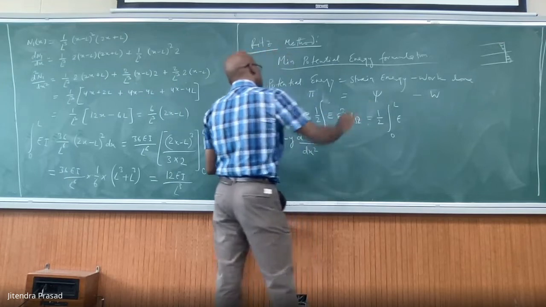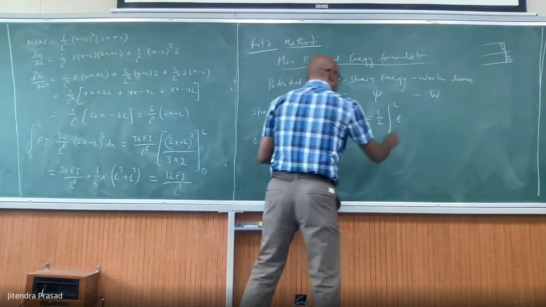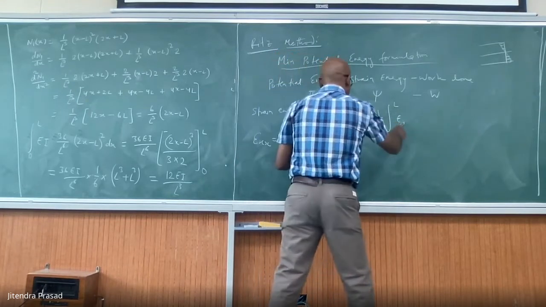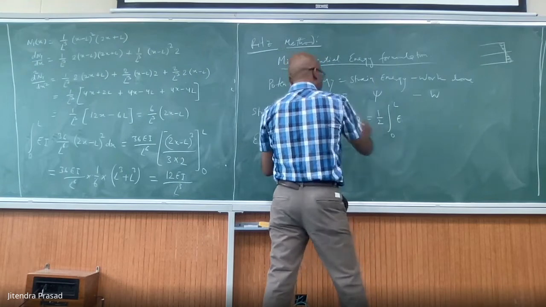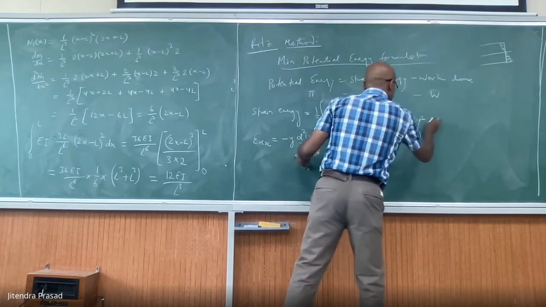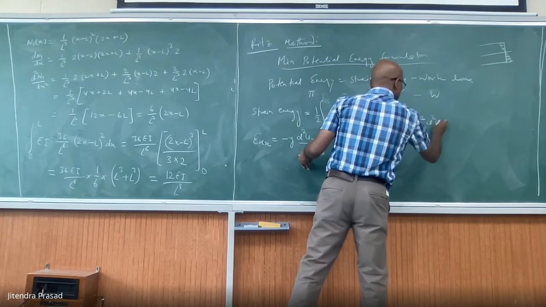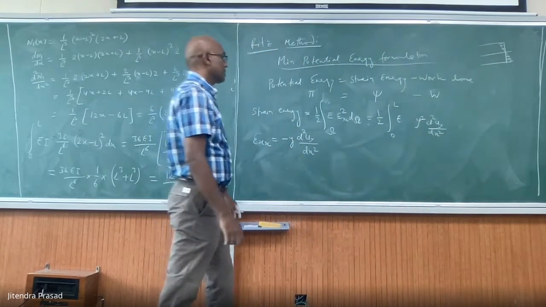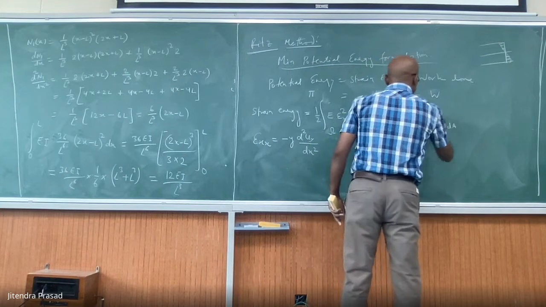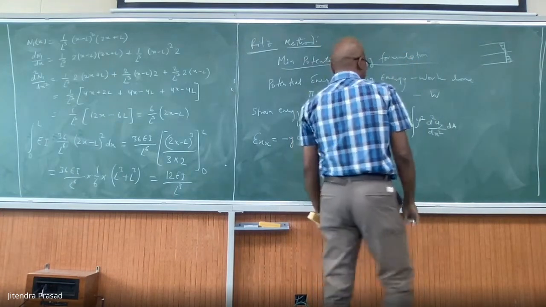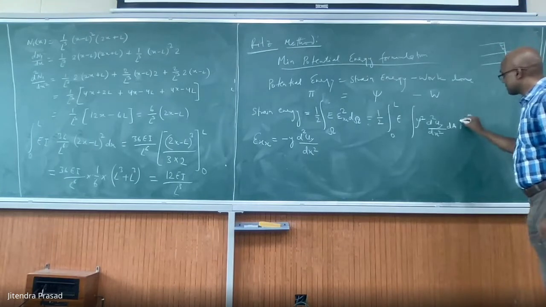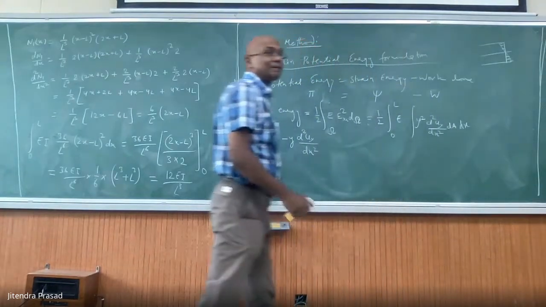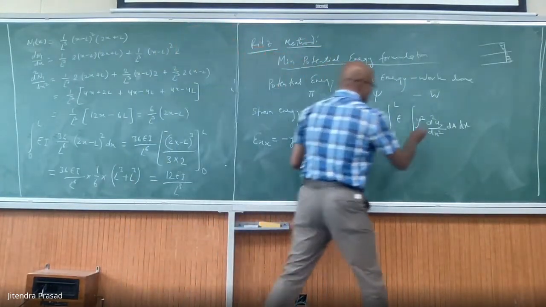So that really means we have 0 to L as far as x is concerned, and then you have E, then this is strain energy, so y square times (d square y over dx square) square, and this actually is integrated over the whole area. It is square, area square.